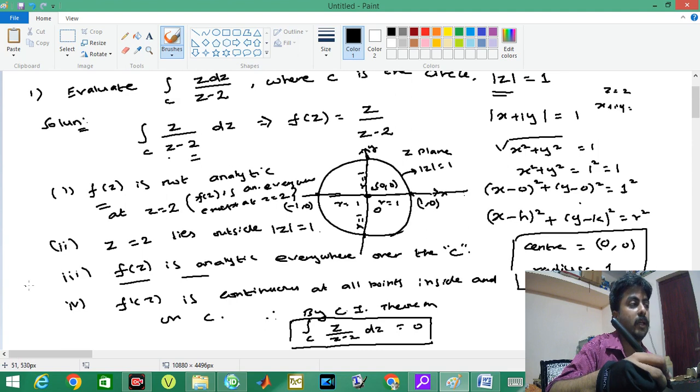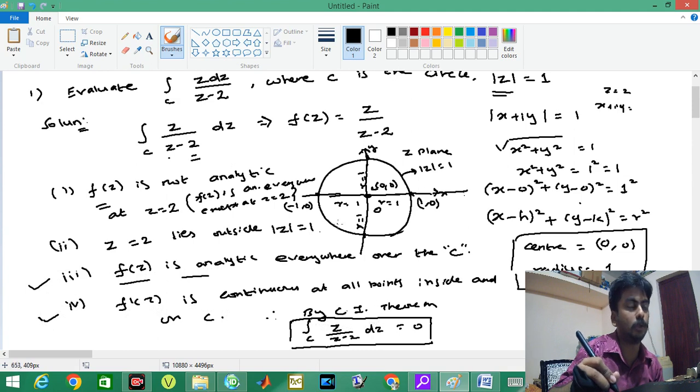Simply say: f of z is analytic everywhere over the C, and f dash of z is continuous at all points inside and on C. Therefore integral over C of f of z dz equal to 0.